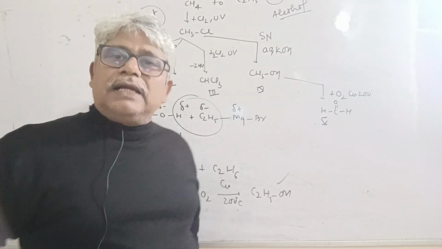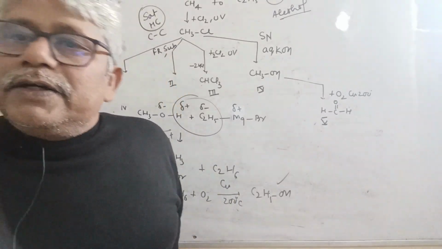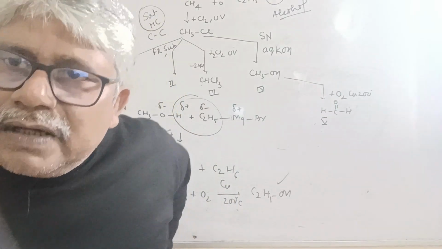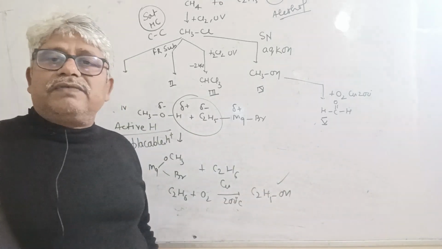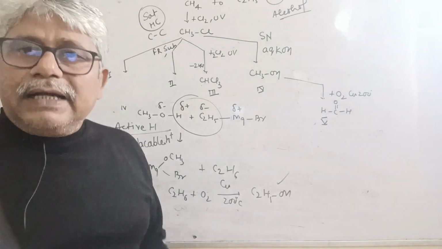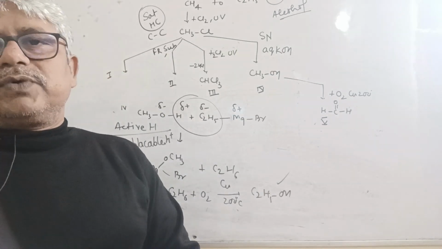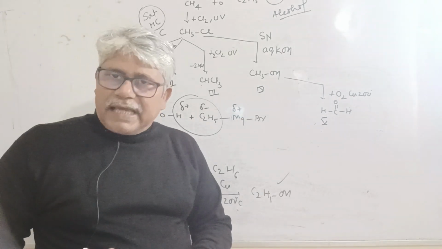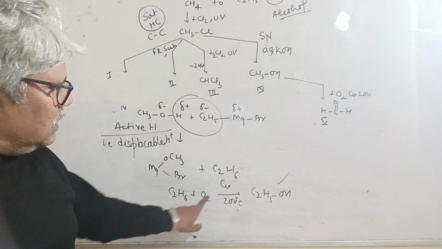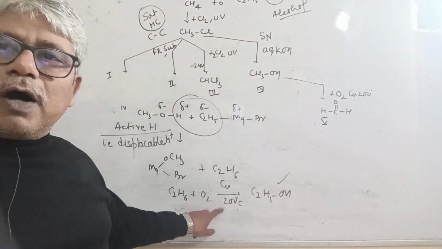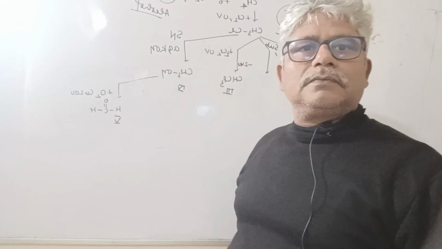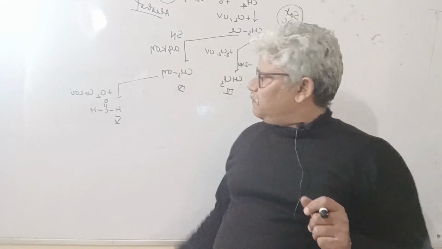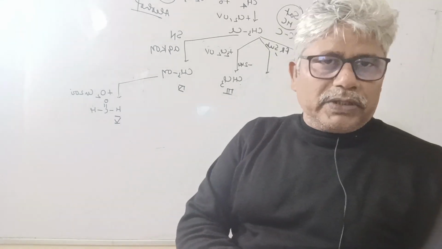And as I told earlier, alkane under controlled oxidation would give alcohol, and alcohol under controlled condition will give aldehyde, and aldehyde under controlled oxidation would give carboxylic acid. So methane under controlled oxidation at heated copper at 200 degrees would give ethanol. Now the fifth method is on the carbonyl group.